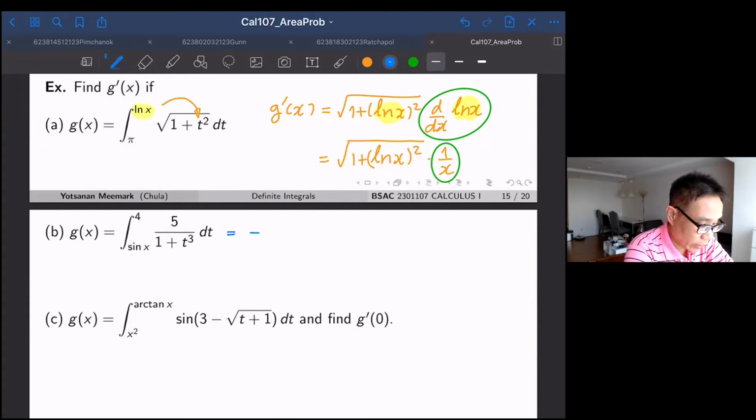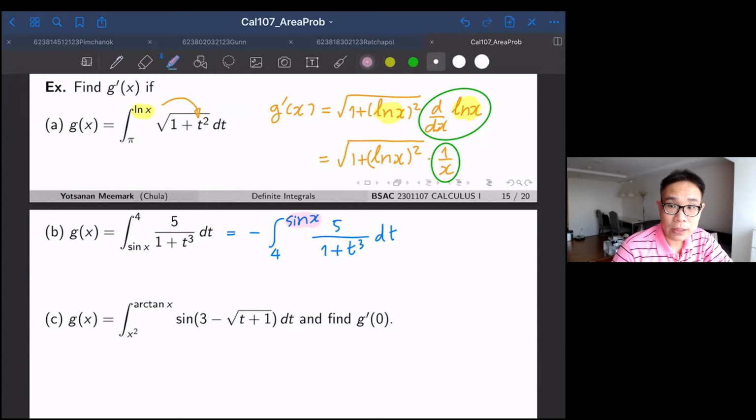So it's going to be negative the integral from 4 to psi(x) of 5 over 1 plus t cubed dt, with the extra minus sign here. Then you differentiate.